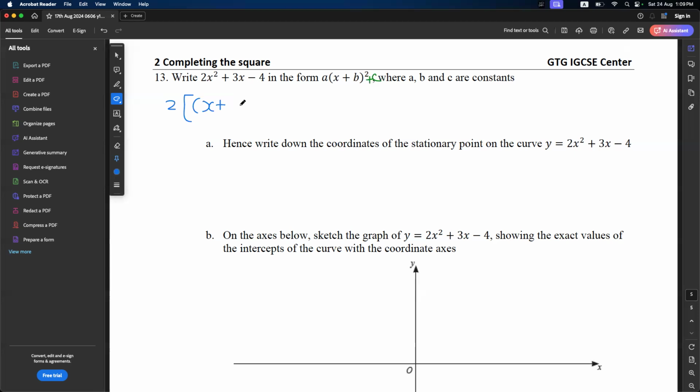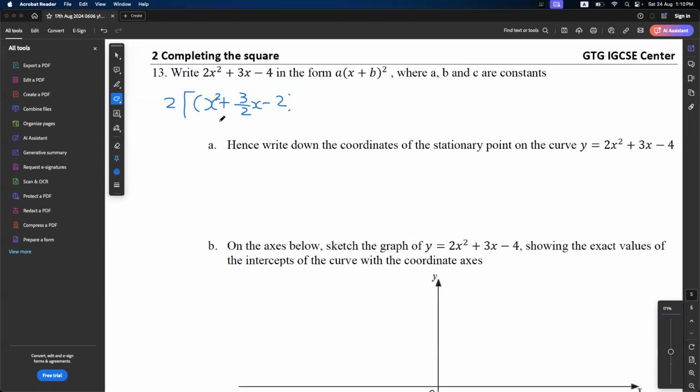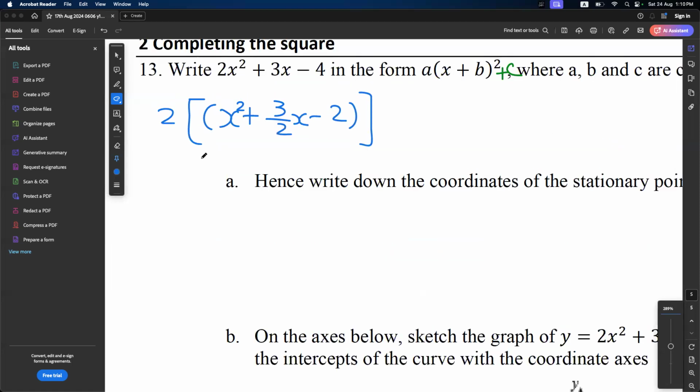Step by step. 3 over 2 first, right? So 3 over 2 x minus 4, minus 2 bracket x plus 3/4 bracket, minus bracket 3/4 squared, minus 2.